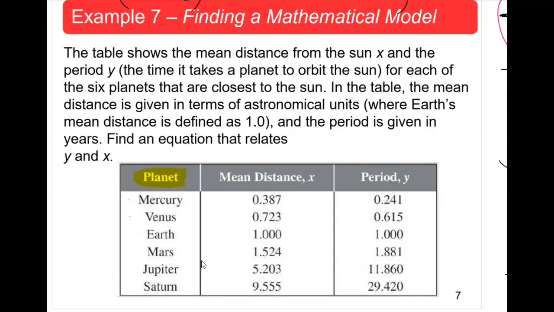So we have Mercury, Venus, Earth, Mars, Jupiter, Saturn. And the x value, the independent value, is representing the mean distance from that planet to the sun, or from the sun to that planet. And of course the units, they are here in astronomical units, where Earth's mean distance is defined as 1.